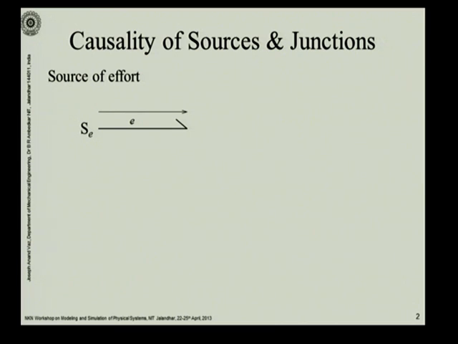It's an effort source, so it imposes effort, and that is actually its output. The output when seen from the end of the source is imposed on the subsystem. So this becomes an input to the subsystem, and we know that the other variable is flow, and naturally flow should be input to the source. It is the output from the subsystem, but it is input to the source.